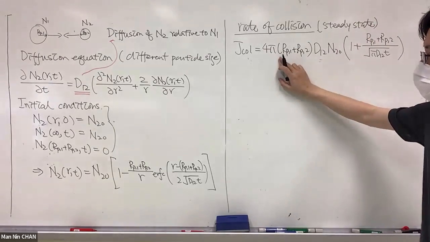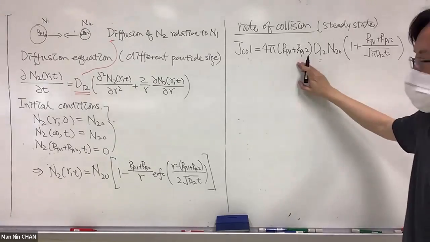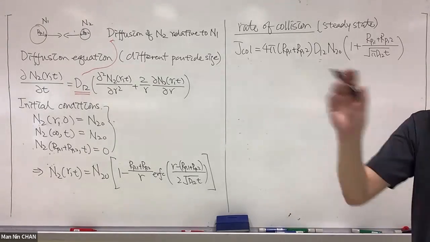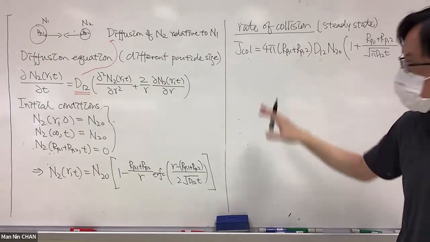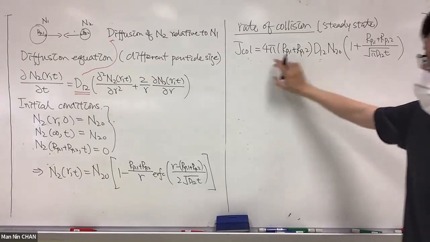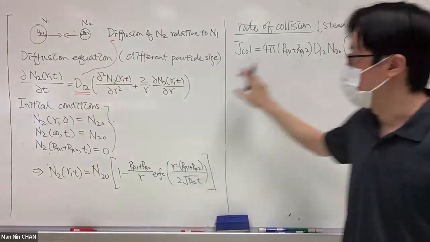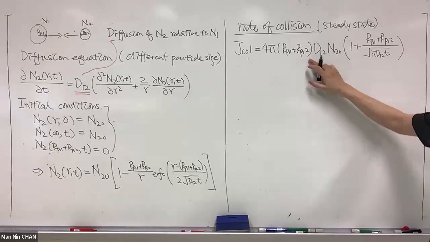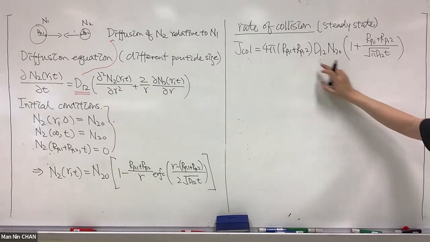That will be equal to, if you remember, these terms give you the idea about the effective surface area for the collision. Now it will become the sum of the radius, RP1 and RP2, because you have particles with different size.